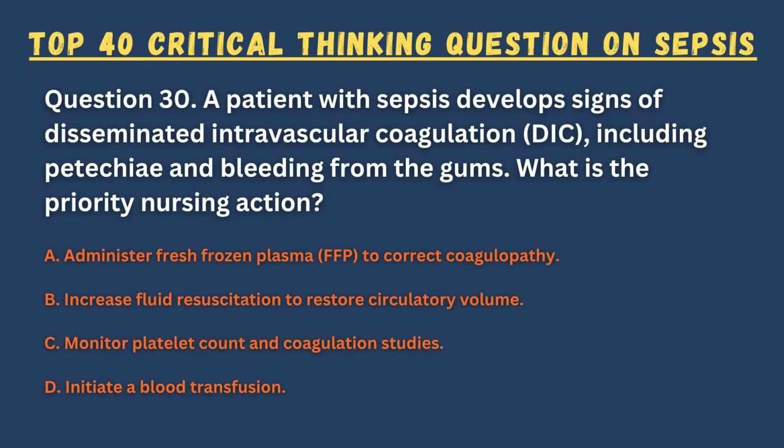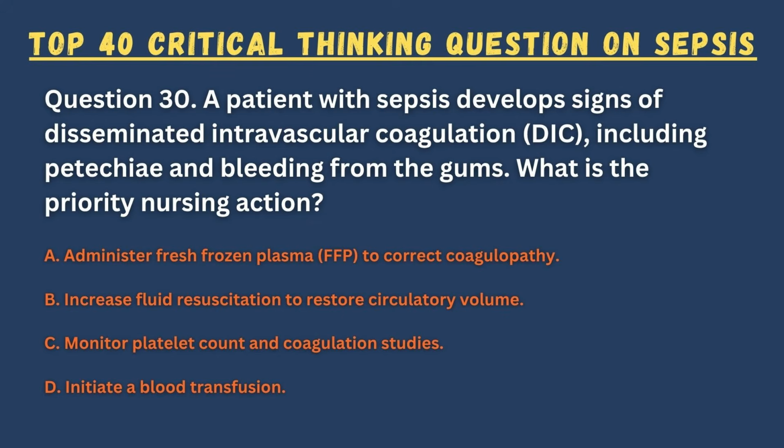Question 30. A patient with sepsis develops signs of disseminated intravascular coagulation (DIC), including petechiae and bleeding from the gums. What is the priority nursing action? A. Administer fresh frozen plasma (FFP) to correct coagulopathy. B. Increase fluid resuscitation to restore circulatory volume. C. Monitor platelet count and coagulation studies.